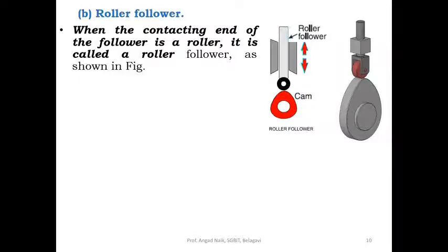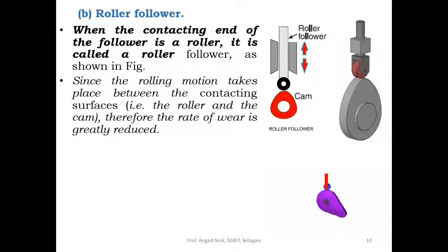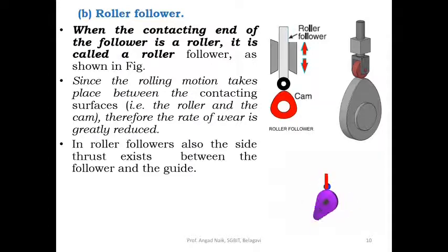We'll see an animation. The roller is following the profile of the cam. Since the rolling motion takes place between the contacting surfaces, the rate of wear is greatly reduced. In the roller follower also, side thrust exists between the follower and the guide.